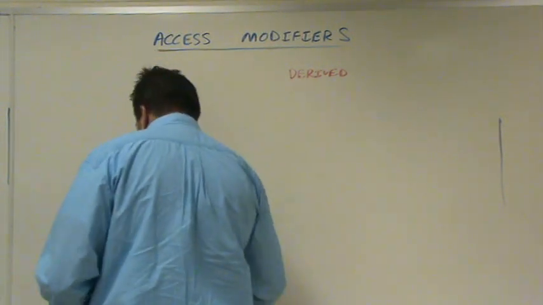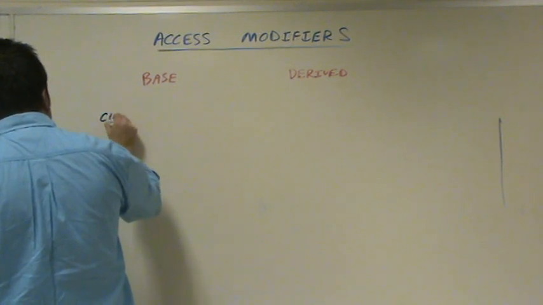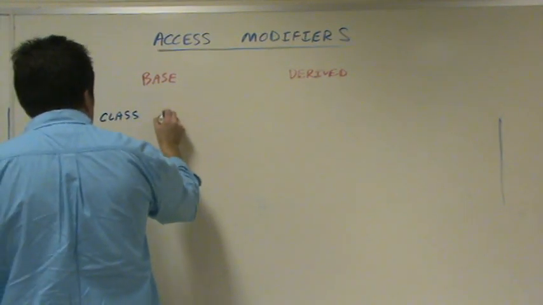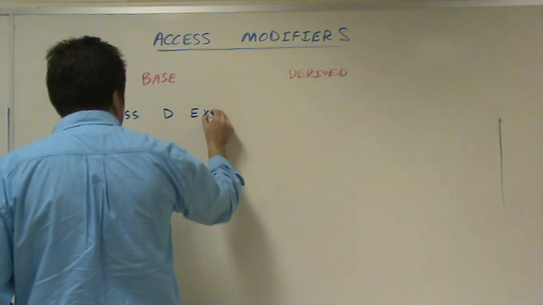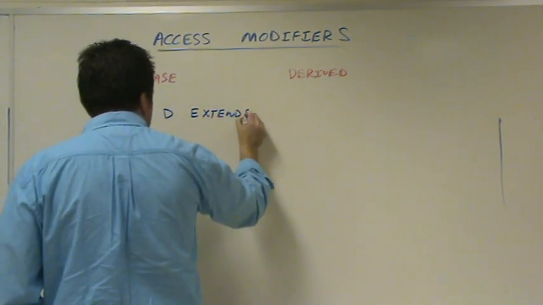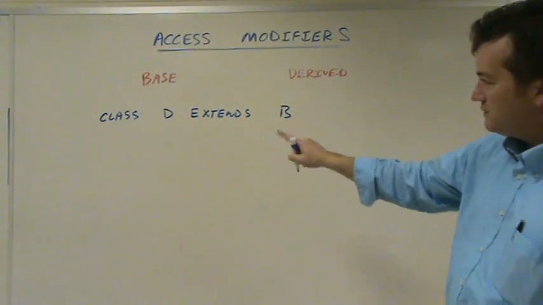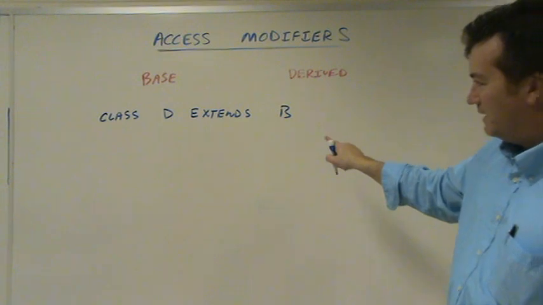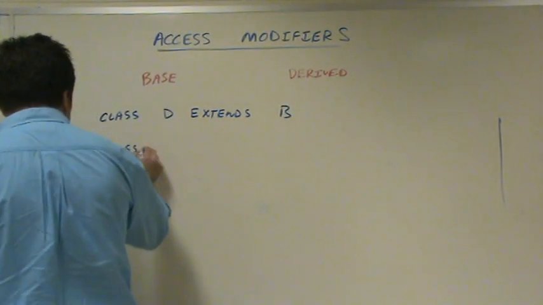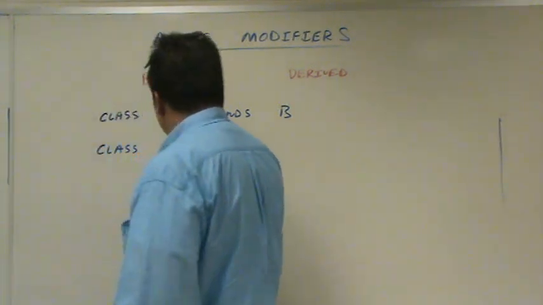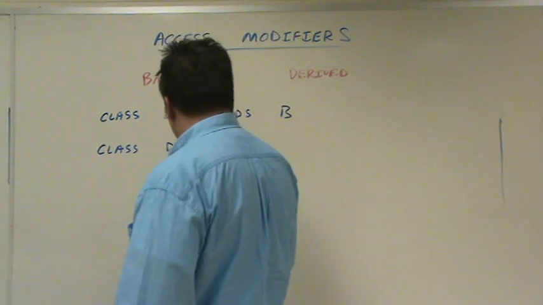The Java version would be class derived extends base. That's how you would declare that class derived is inheriting from base. In C++, the equivalent would be class D, two colons. So Java took out the two colons and put in the word extends. No big deal there.